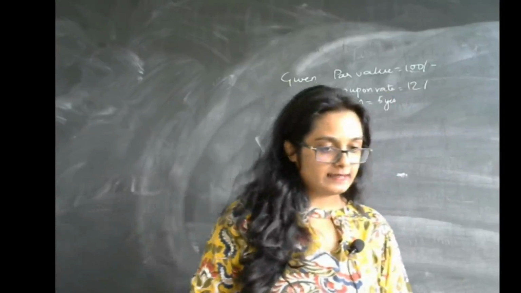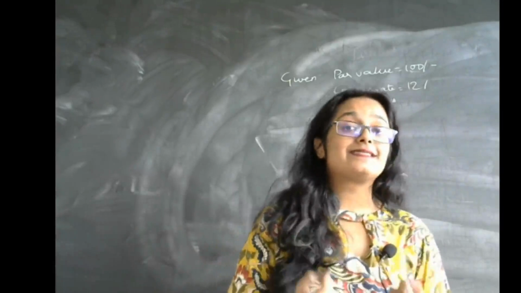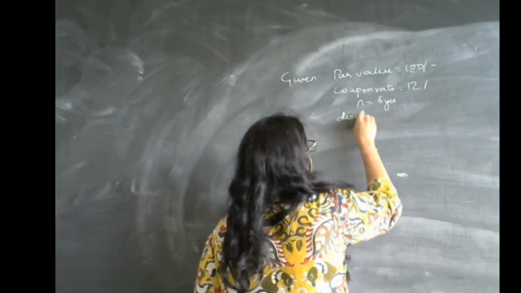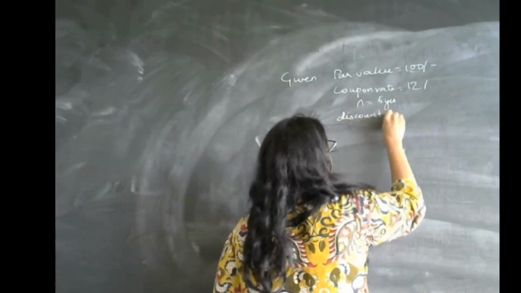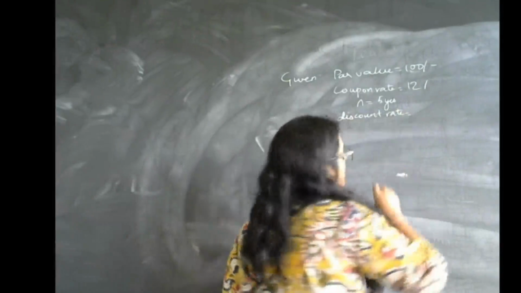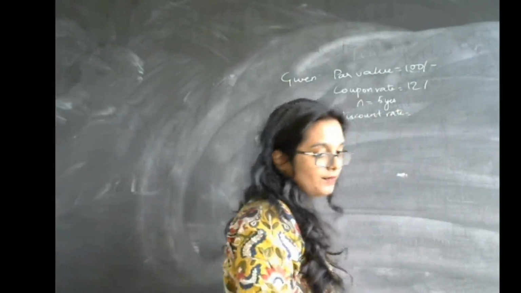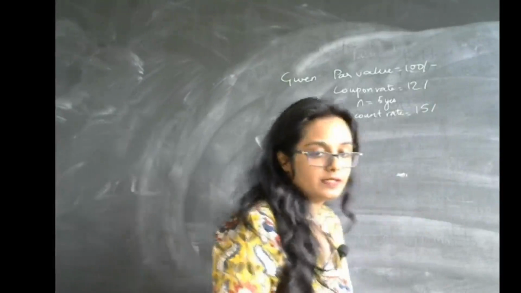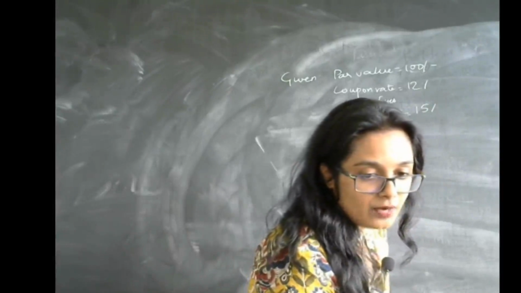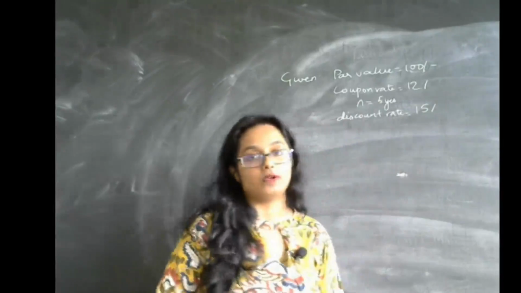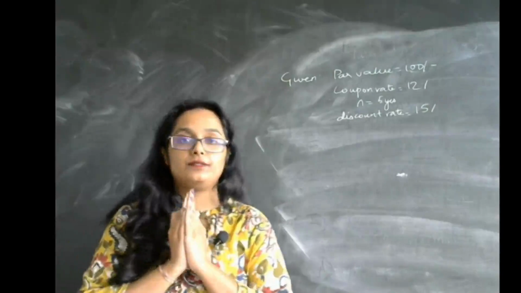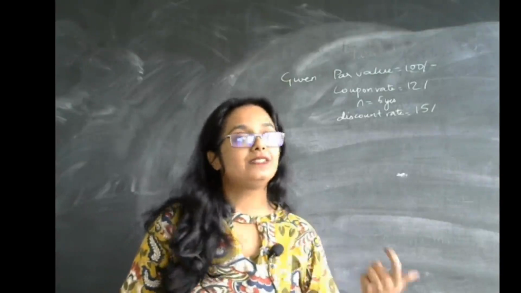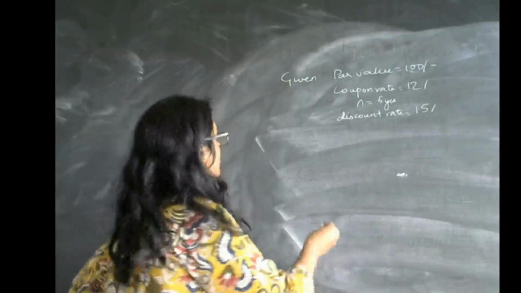Then the next thing that is given is the discount rate. Its discount rate is how much? They have said it is 15%. Now, some of you will get confused between discount rate and discounted bond. Don't get confused. Look at the formula for the bond.